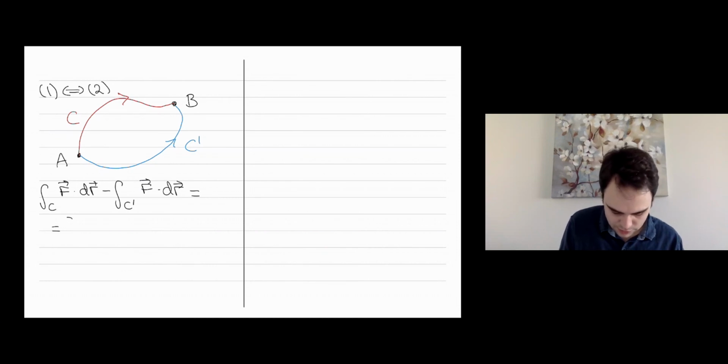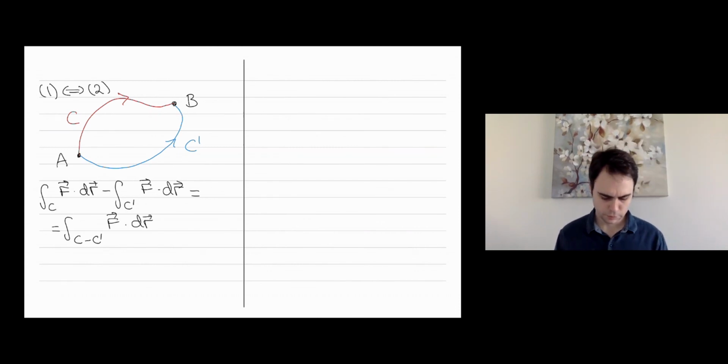That's the same as doing the integral over C minus C prime of F dot dr. So this minus sign, I can replace with a plus sign by putting a minus in front of C prime.